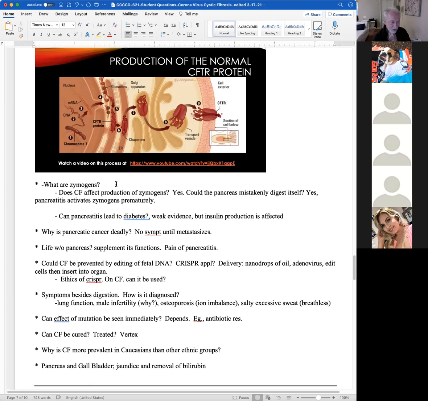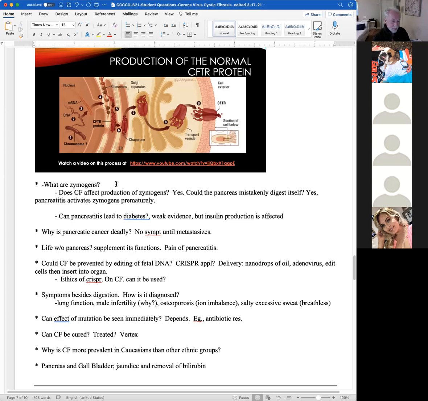Several people ask about symptoms other than on digestion. We talked a lot about digestion in class, and you're going to run into this question when you research your project. But yeah, there are a lot of symptoms, some of which I've listed here. The lung is affected in a major way, causing breathing problems.